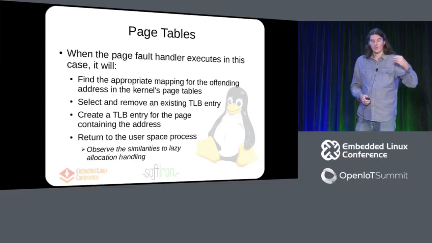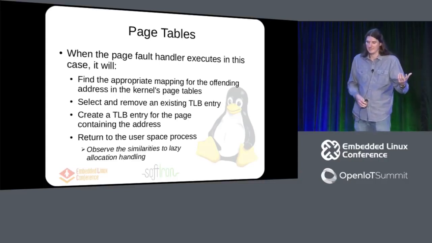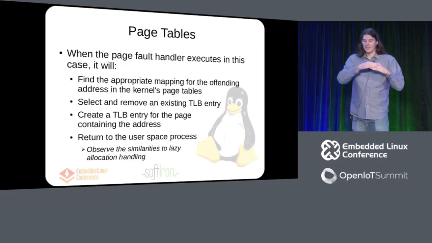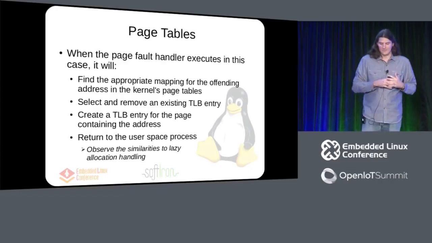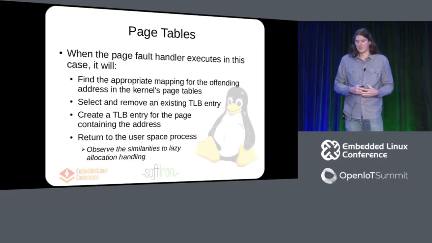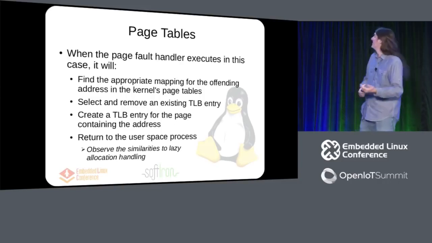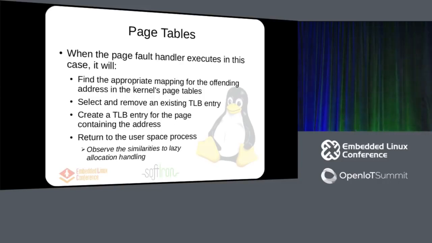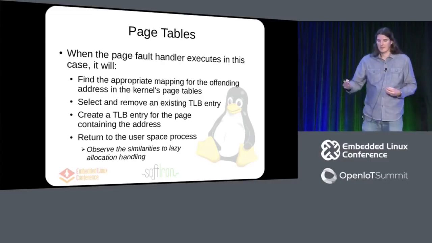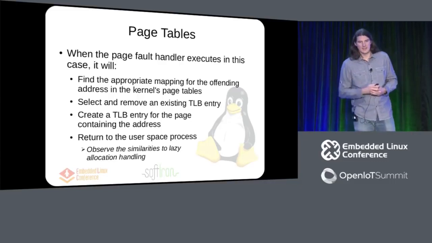It'll select and remove an existing TLB entry, and then create a new TLB entry for the page containing the address that was accessed. After that, it'll return to the user space process. Observe the similarities here to lazy allocation handling. It's very similar, except that instead of allocating a new frame, it's looking up the frame that's already been allocated.